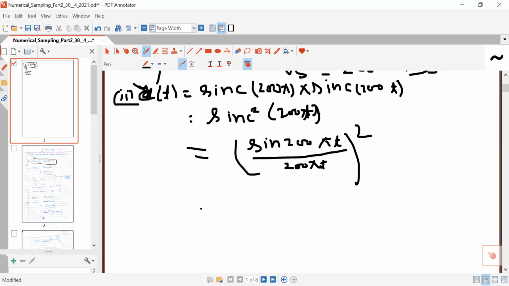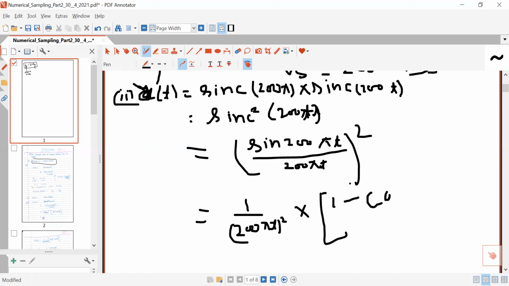Now this will become 1 by 200 pi t whole square into, from the concept of trigonometry, you know sine square theta is basically 1 minus cos 2 theta by 2. So the numerator, sine square 200 pi t, sine square theta, you can write as 1 minus cos 2 theta, where theta is 200 pi t. So cos 2 theta will be cos 400 pi t.